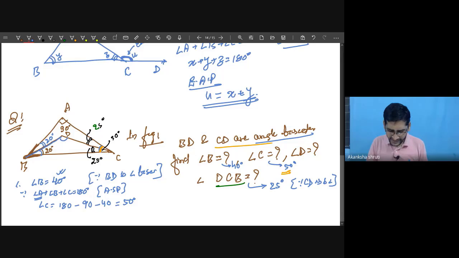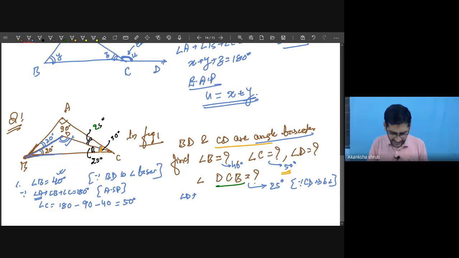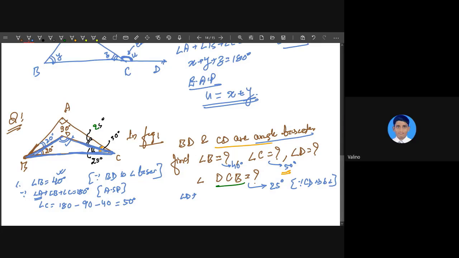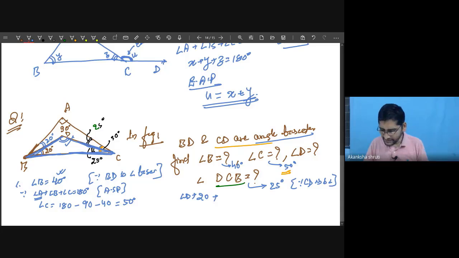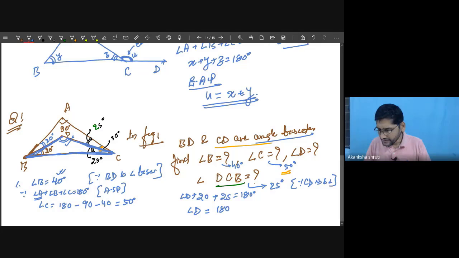Now we need to find the angle D. So in triangle BDC we need to take, angle D plus half of angle B at B, and also at C half of the angle, in this triangle DBC: 20 plus 25, plus angle D, shall be equal to 180 degree. So what is our angle D? 180 minus 45. So it is 135 degree.